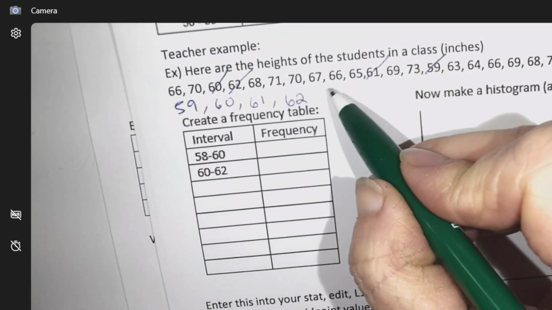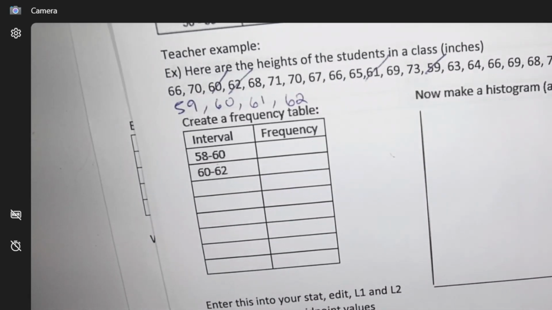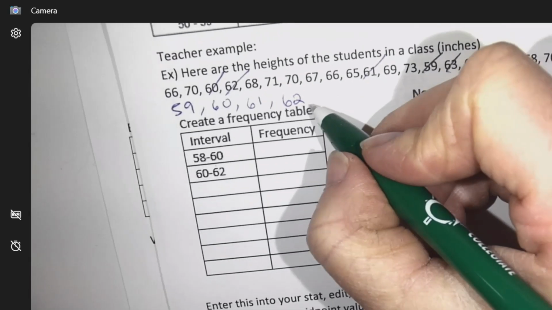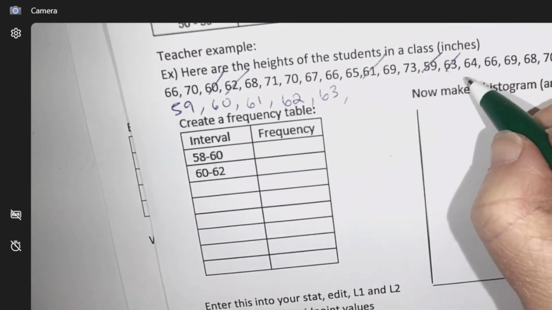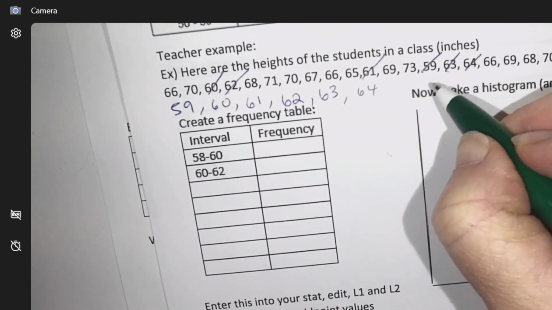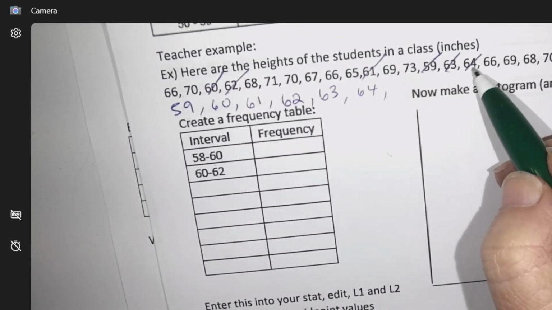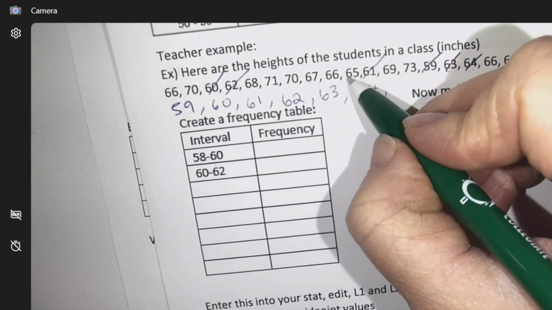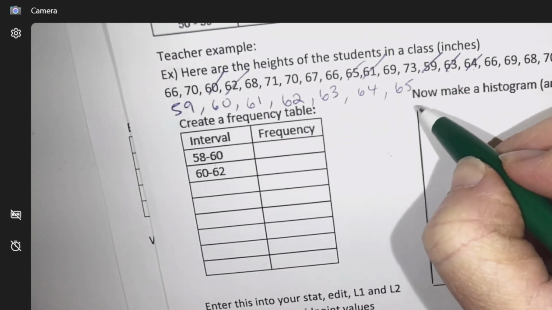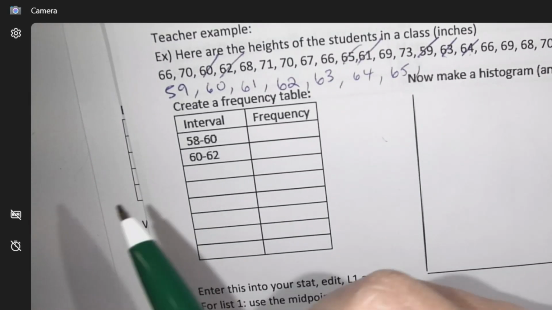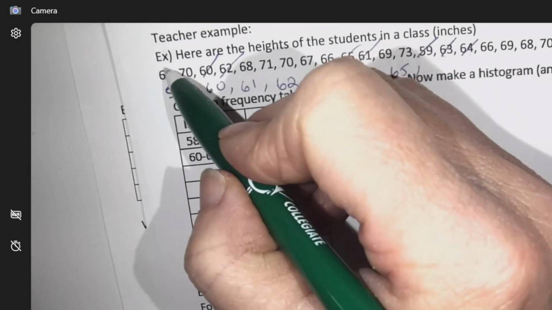We have a 62. We have a 63. We have a 64. We have a 65.